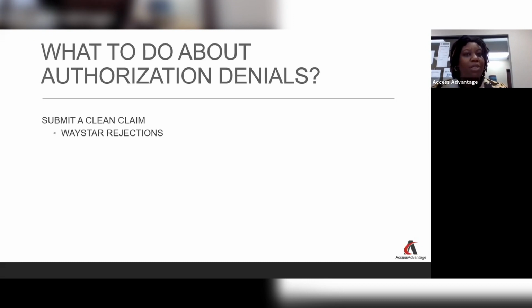So you'll notice that when you upload your claim batches now, Waystar is going to reject your claim if you don't have any authorization information in the appropriate box. If you are billing and you feel that your service does not require an authorization, just simply type in no auth required, and that will allow you to get your batch uploaded.